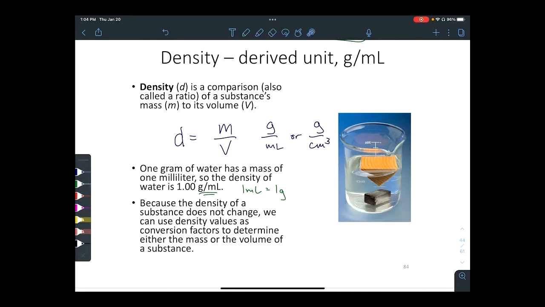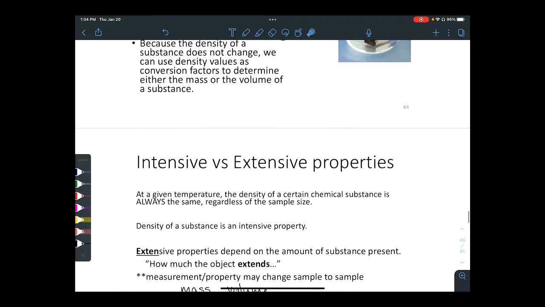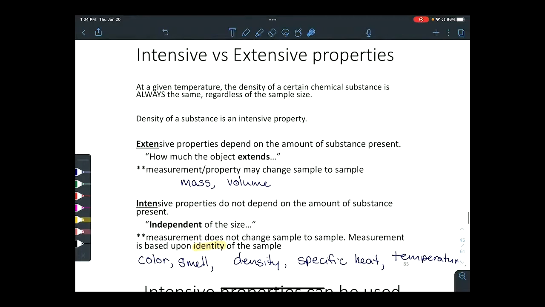Things that have less density, like a piece of wood, will float on water. Things that are more dense than water, than 1 gram per milliliter, will sink in water. And so density is really nice for identifying substances, because it doesn't matter how much of the stuff you have, density will never change.